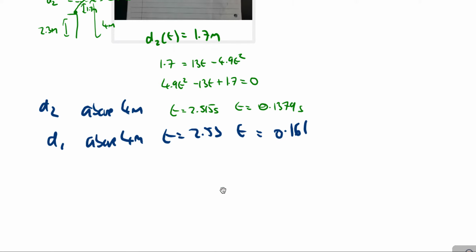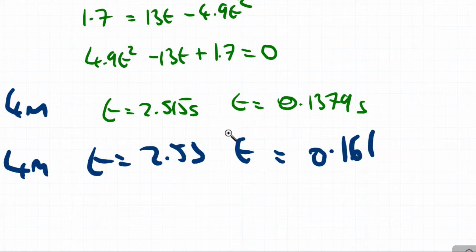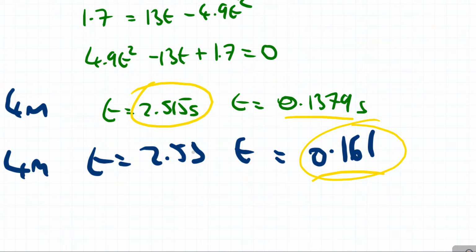We need to find when they both are above 4 meters. When this one is above 4 meters, the other is not yet, because 0.1379 is lower. So we have to wait until 0.161 for it to be above 4 meters. That's when both start to be above 4 meters, and then this particle drops below 4 meters first, at 2.515.